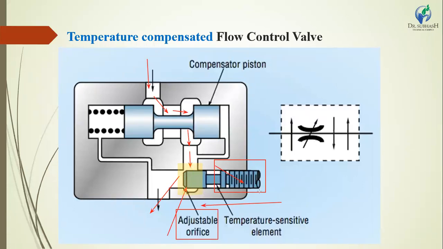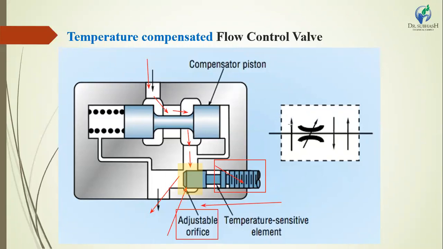If the temperature of the hydraulic fluid goes down, the area of the orifice opens, so maximum fluid can pass through the flow control valve. If the temperature is higher than the predefined or set limit, then this orifice area is closed and it may bring down the working fluid in the hydraulic system.